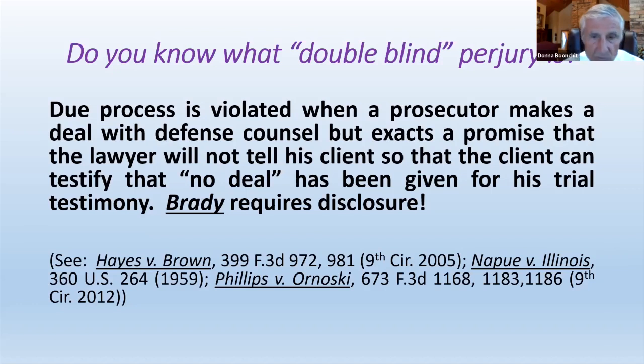So when you have a case where a co-defendant is offered a deal, and the prosecutor tells the defense lawyer, all right, I'm going to go ahead and give him straight probation and no time in prison, but I don't want you to tell him that, because when he's cross-examined, I want him to say that there's no deal. That's called double blind perjury, and it's not only illegal, but unethical.